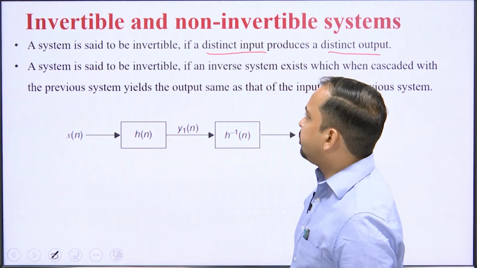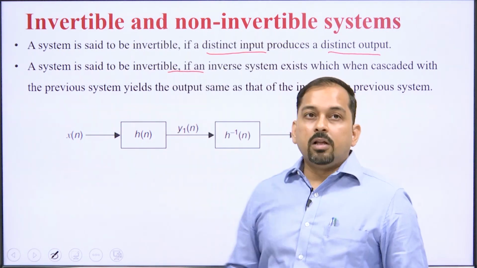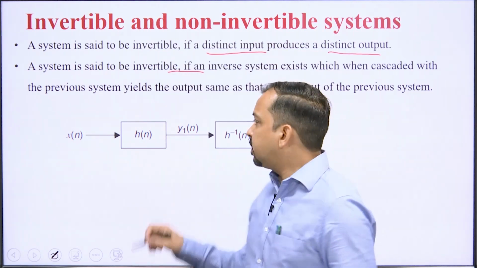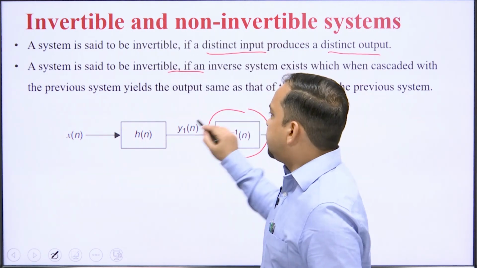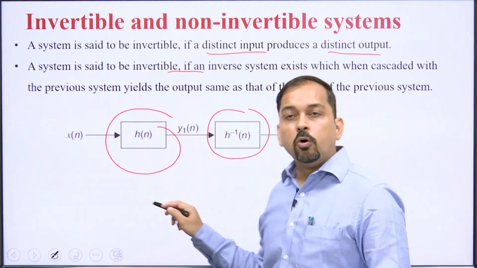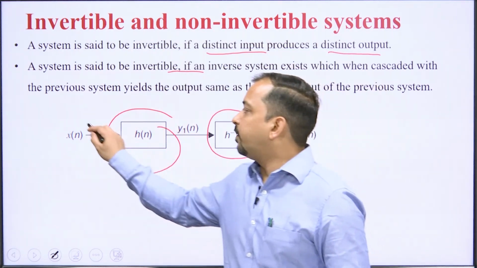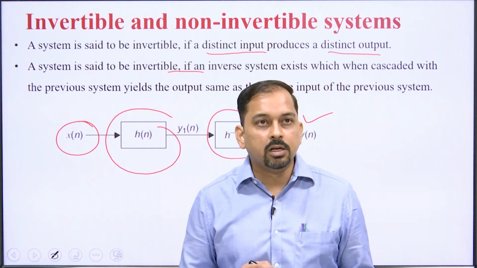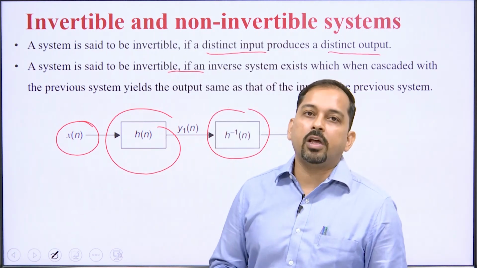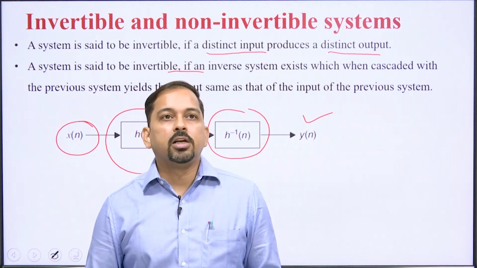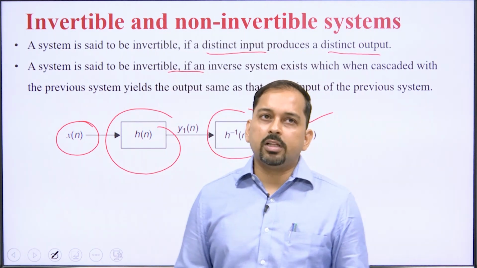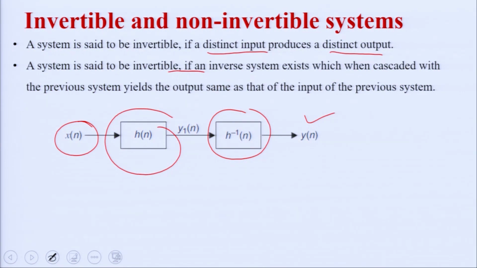Also, we can say that a system is invertible if an inverse system exists which, when cascaded with the previous system, gives an output same as the input of the first system. Meaning if at this particular end we are getting a signal same as x[n], then we are calling this system an invertible system. So, these are all the classifications of systems.